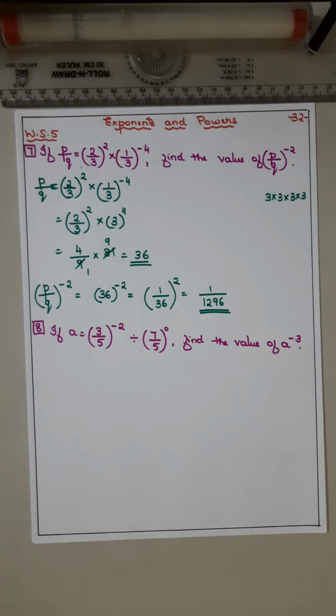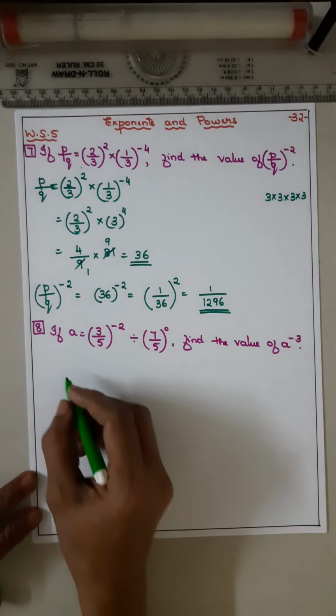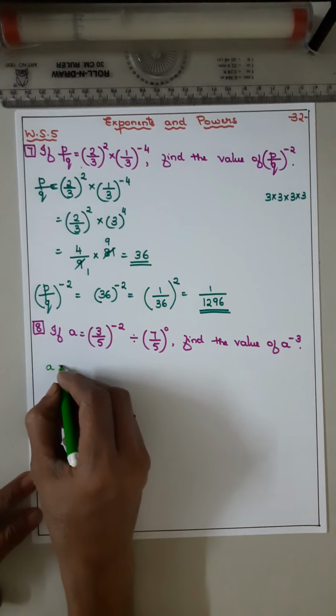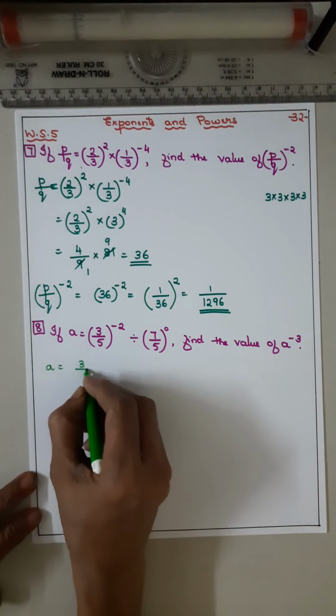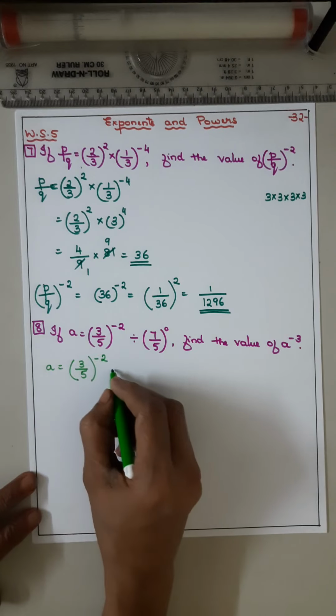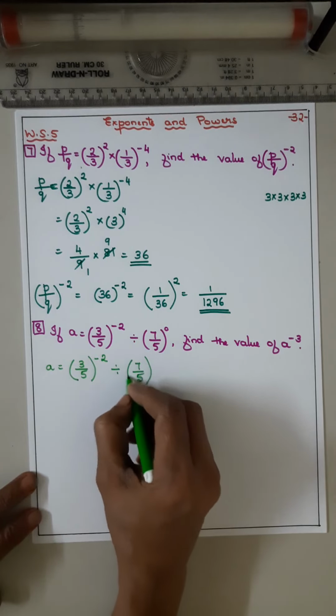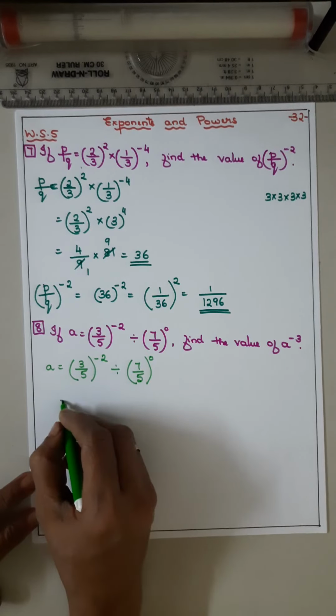Now coming to the same type, 8th question. A is given, we have to find out a to the power minus 3. So write A is equal to 3 by 5 the whole raised to minus 2 divided by 7 by 5 the whole raised to 0.